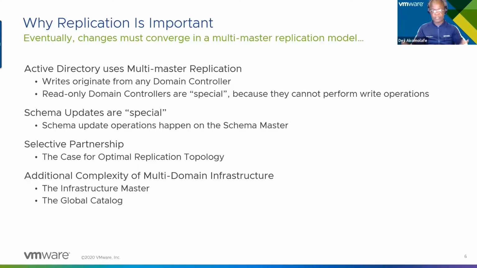Schema updates are special, of course. They happen only on the schema master. And each domain controller selects one or more partners they replicate with to form a mesh of a replication topology. There's some additional complexity which we won't get into, but the infrastructure master and the global catalogs require special attention in the replication scheme.